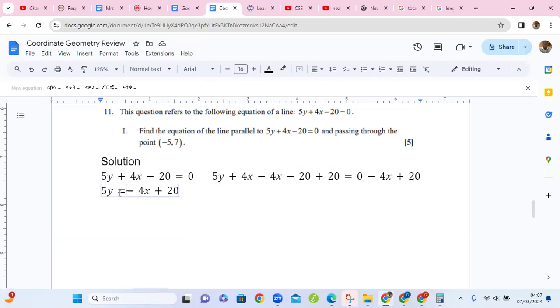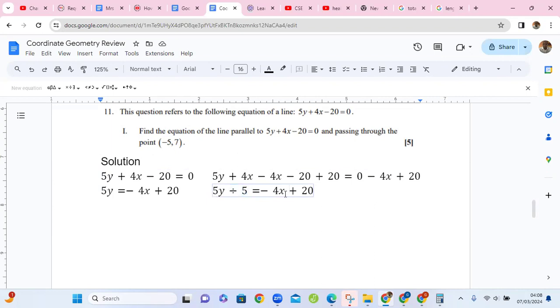Now we have to divide by 5, so that we can get y by itself. So we will divide by 5 on the left, and we have to divide by 5 on the right.